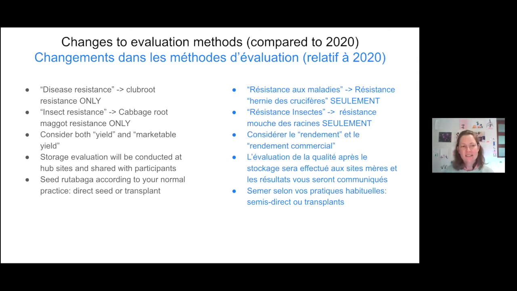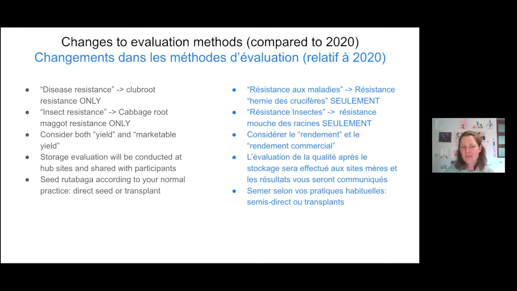So we've decided to say that disease resistance in this trial refers only to the Brassica clubroot pathogen. I'll get into that in more detail on a further slide. We won't be looking at all diseases, but at least when someone rates it for a disease, you'll know which one they're talking about.